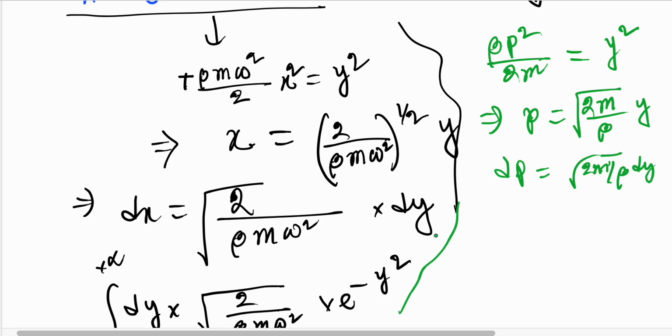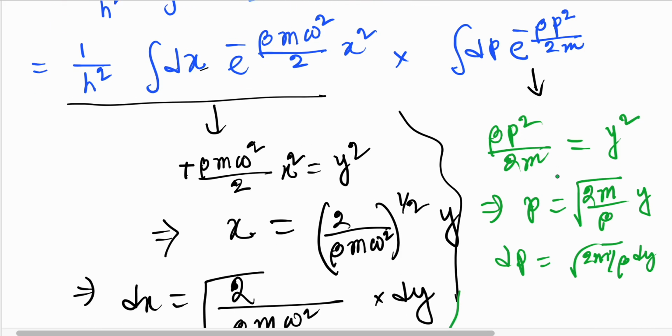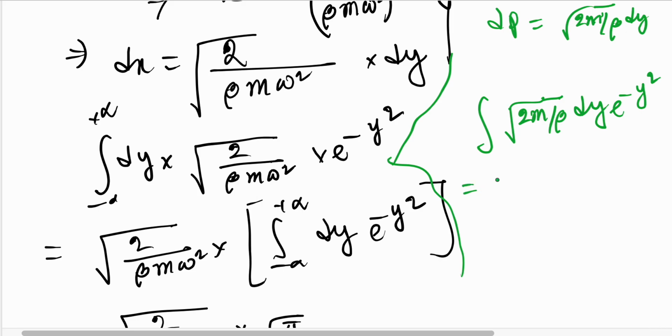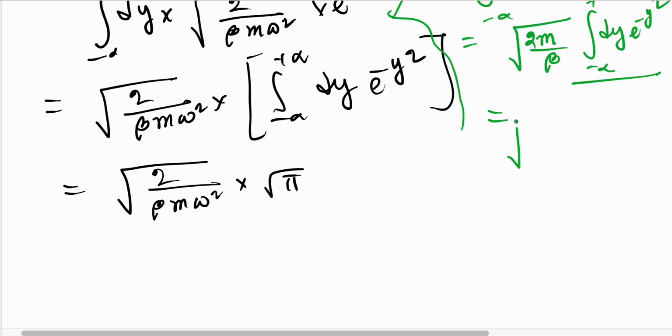Putting it in this integration, it becomes root of 2m by beta, integral from minus infinity to plus infinity dy e to the power minus y square, and this integration again means root pi, so this becomes root of 2m pi by beta.